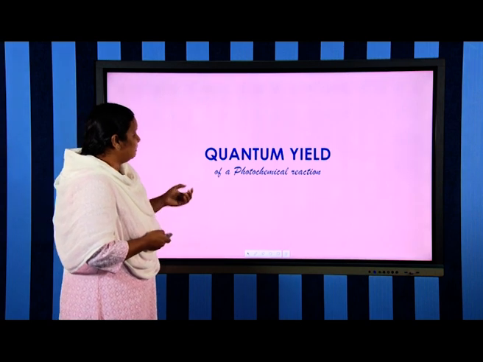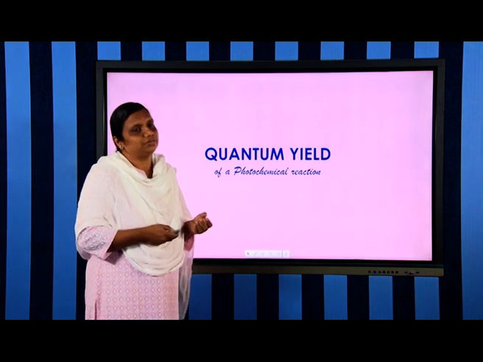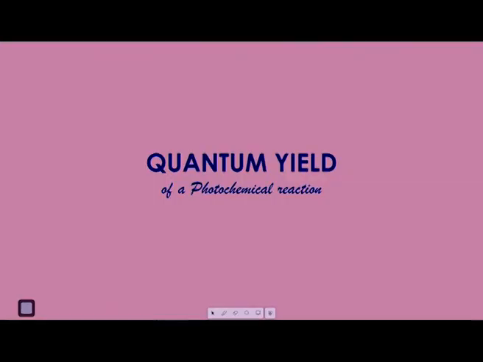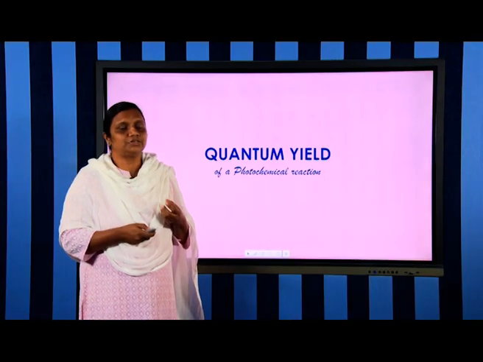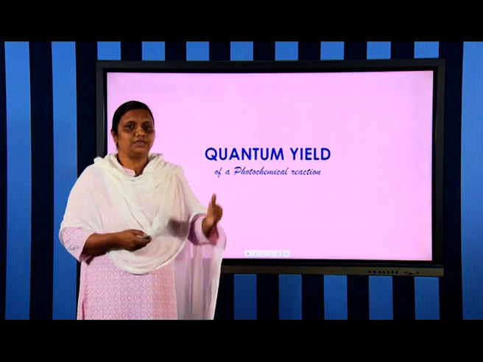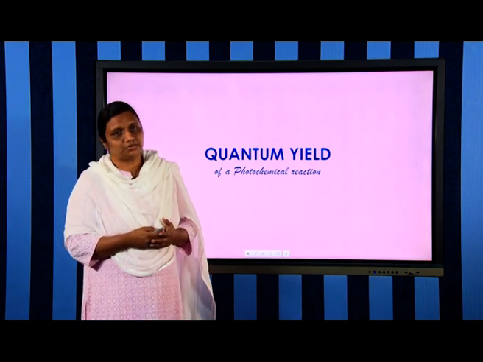Now, when we talk about photosensitization, we need to know about the quantum yield of a photochemical reaction. In photosensitization, the donor species absorbs light energy and then transfers it to the reactant, and then the reactant gets converted to product.